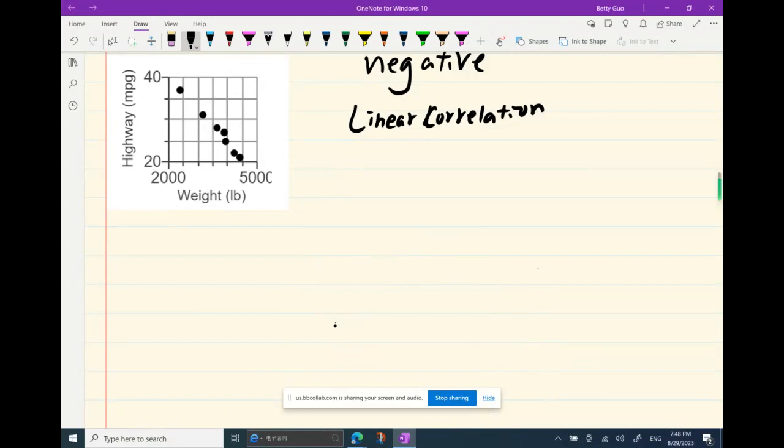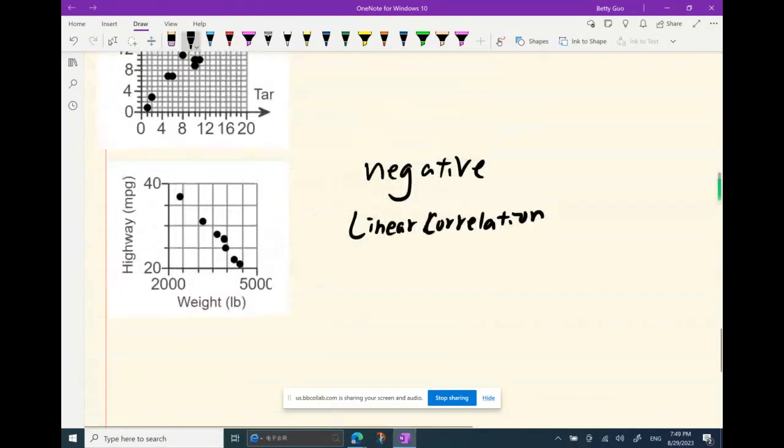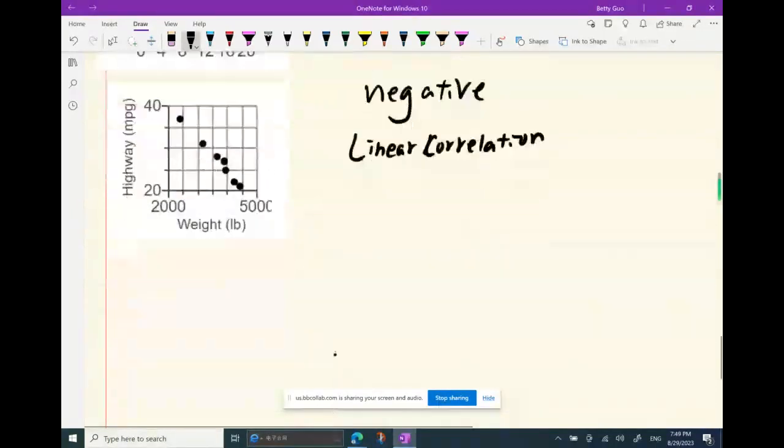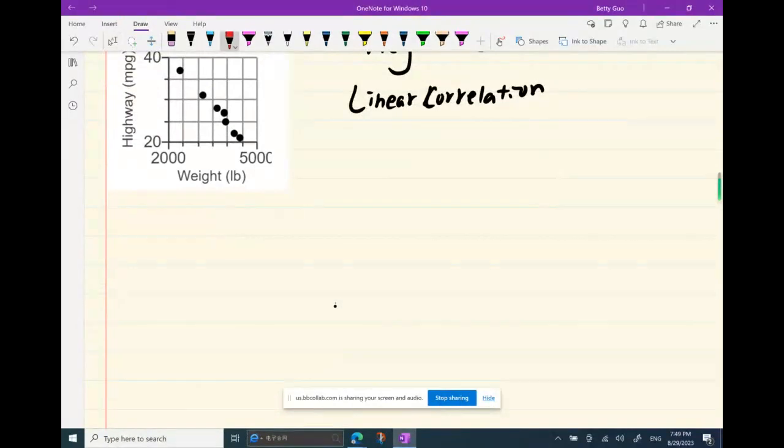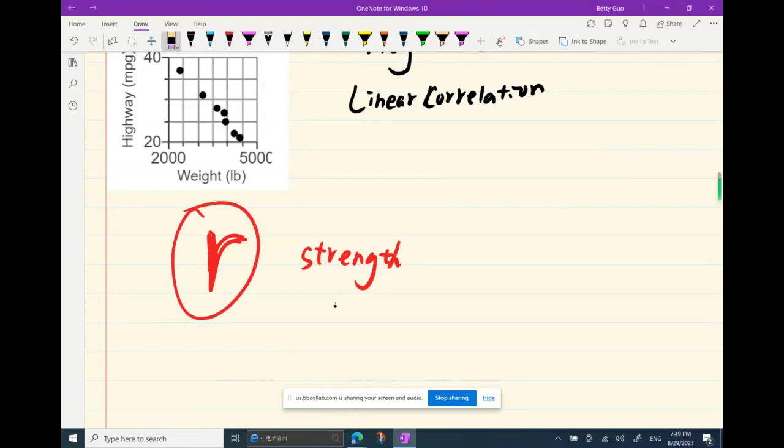In our book, and also when you work on your homework, we have a method to measure the strength of the linear correlation between two variables. And what is the tool? Little r. What's the name of r?